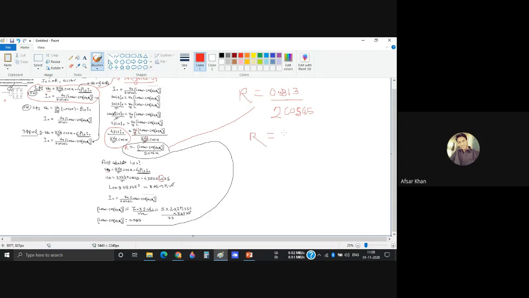R is 0.057, which means 5.75%. So the percentage regulation will be 5.75%, your answer in 2 decimal places. 5.75 will be your answer. Is it okay?